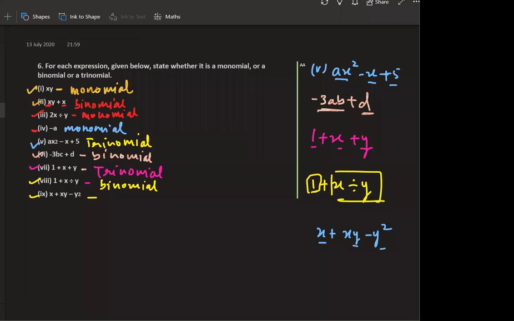So there are 3 terms. So this is trinomial. Is it clear? I hope this question is clear to everyone, and this is a very simple question. Isn't it? Is it simple or difficult? You just have to identify.